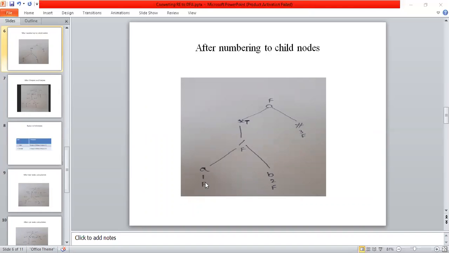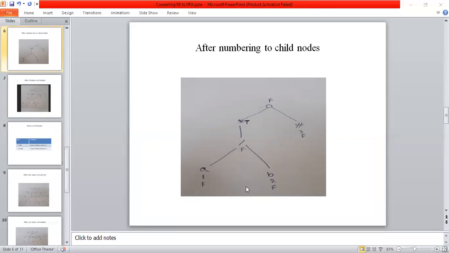If the node has value i, according to the rule its first position is i and its last position is also i. Here, that means for node 1, first position is 1 and last position is also 1. Similarly, for node 2, its first position is 2 and last position is also 2. And coming to node 3, its first position is 3 and last position is also 3.